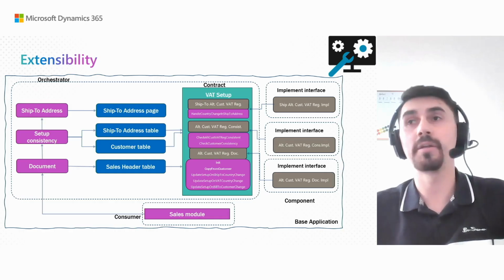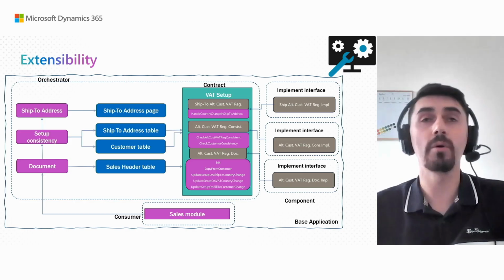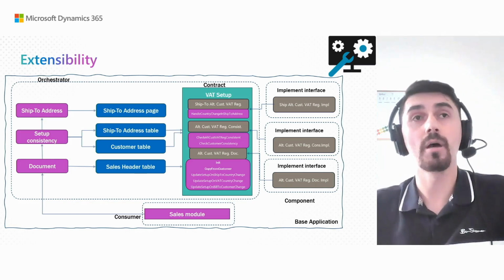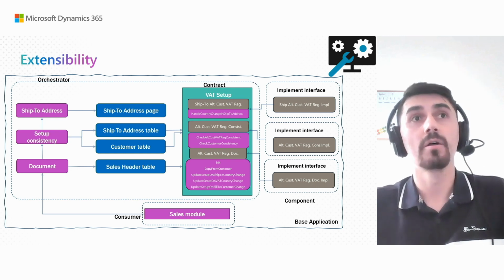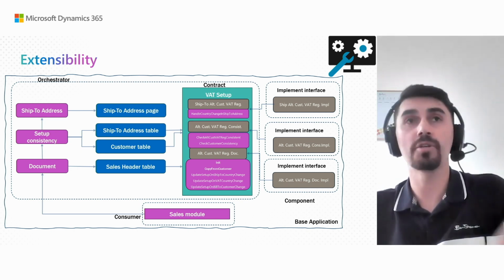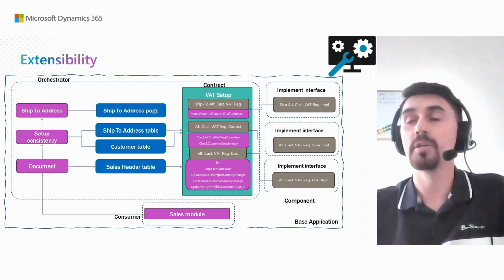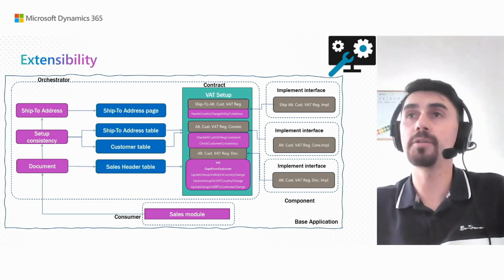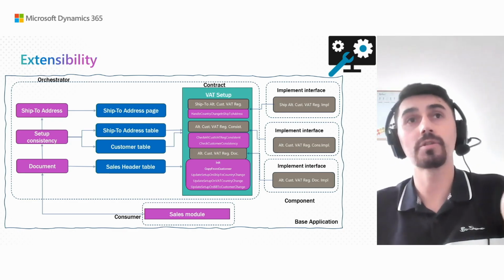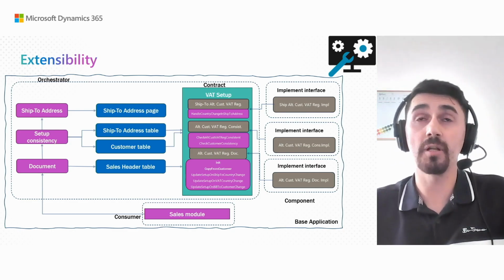The first part that you can see on the left side of the diagram, the ship to address. The second one, setup consistency, and the third one is document. The first one, ship to address, this is all the logic that we have on the ship to address page. So when I created a new ship to address and you have seen the notification on this page, this is controlled by this part of functionality.